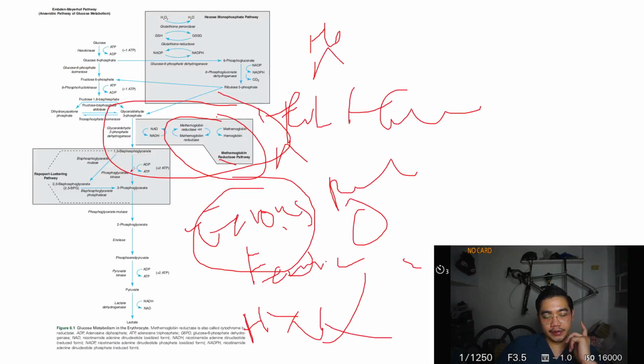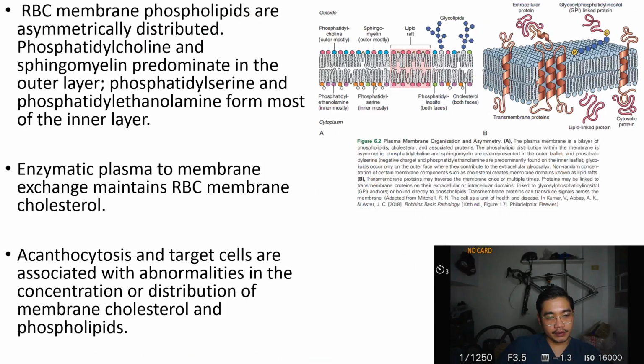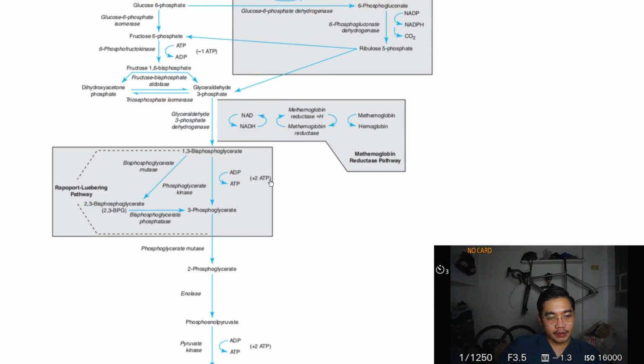And then we have your Rapoport-Luebering shunt. This is where you make your 2,3-BPG.